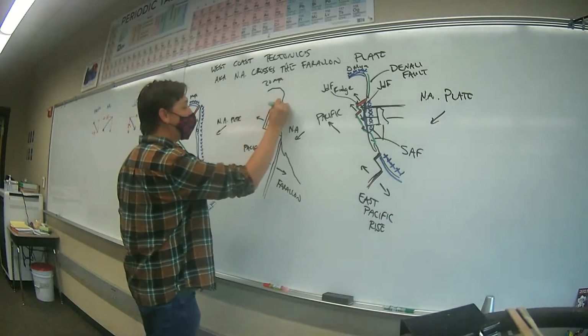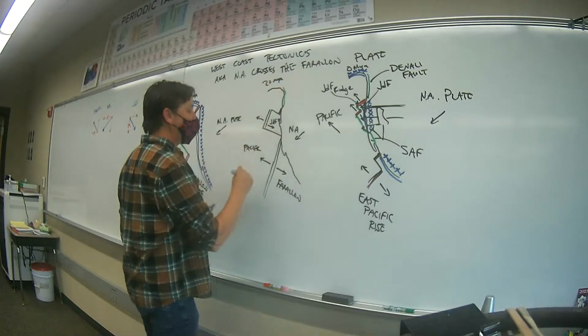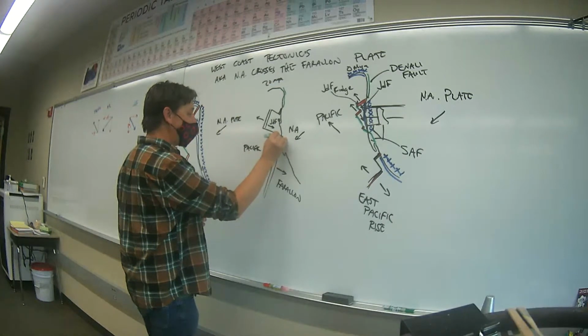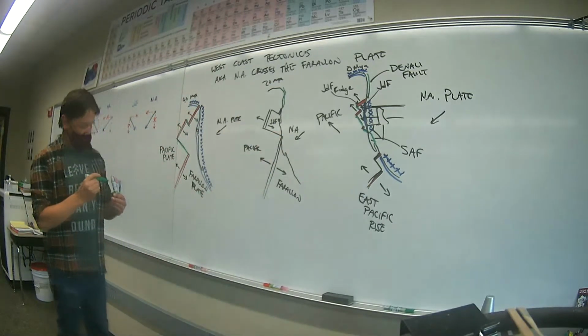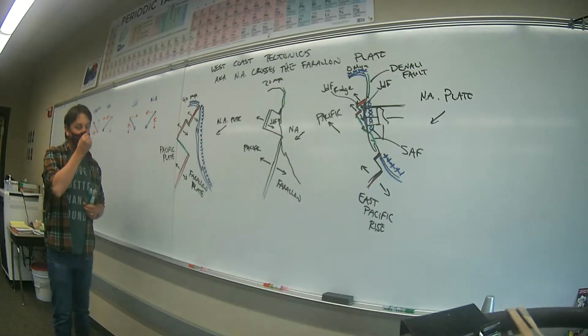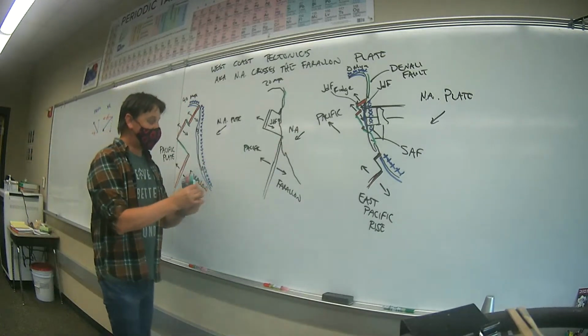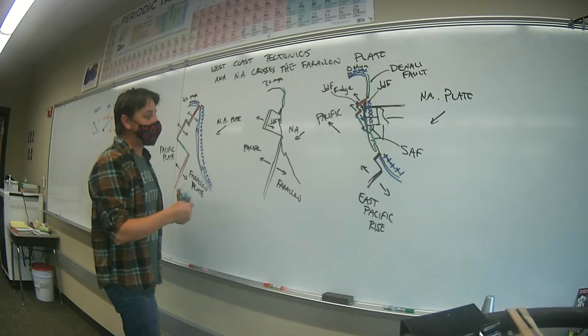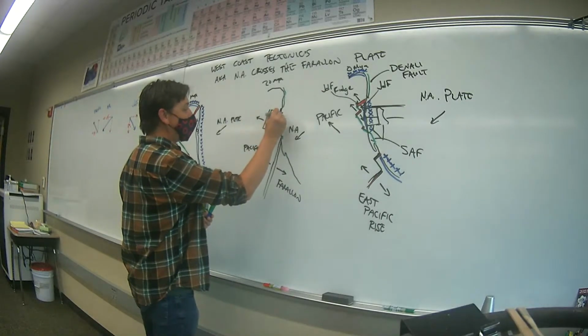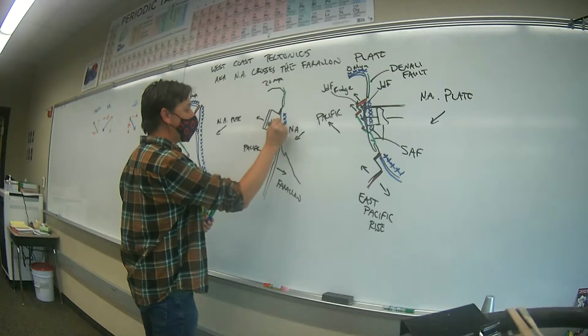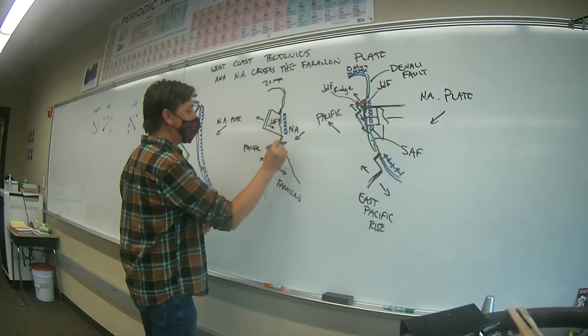We've already started forming the Denali Fault. And right here, we just have this little baby, wee little infant San Andreas Fault here. Just barely starting to form. Of course, we've got our Cascade volcanoes here.